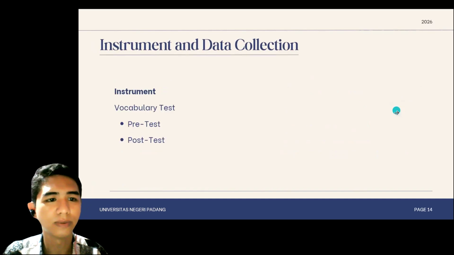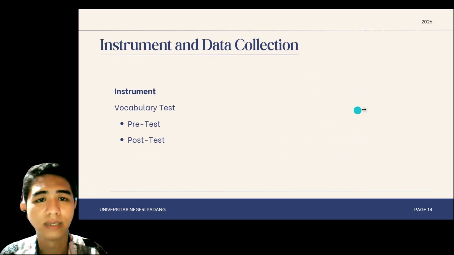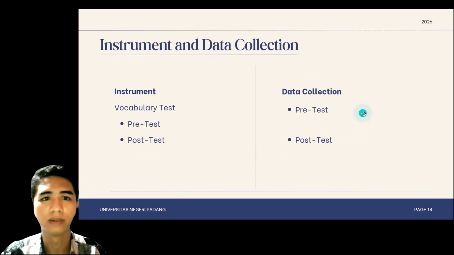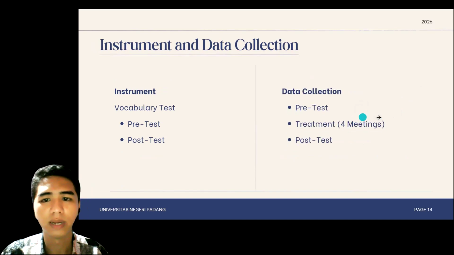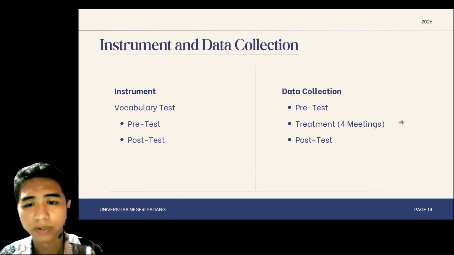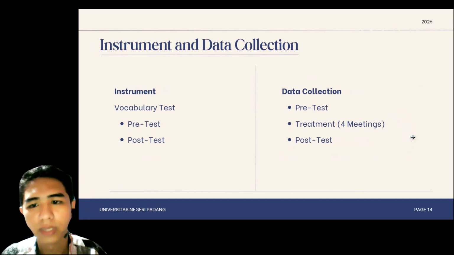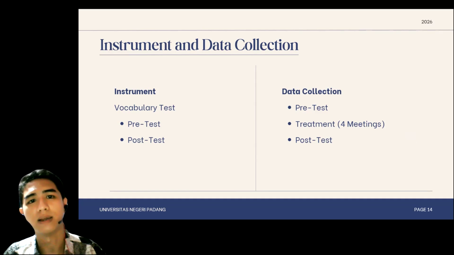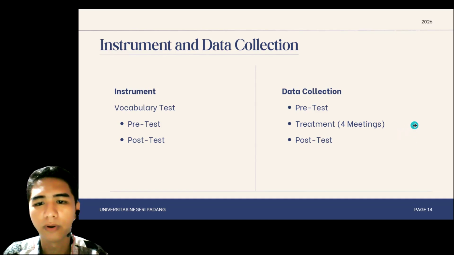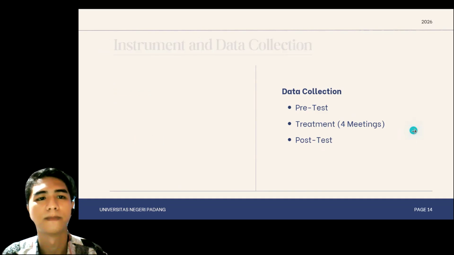I am using the vocabulary test as the instrument, the pre-test and the post-test. For data collection, I collect from the pre-test, then the treatment with 4 meetings, and last the post-test.